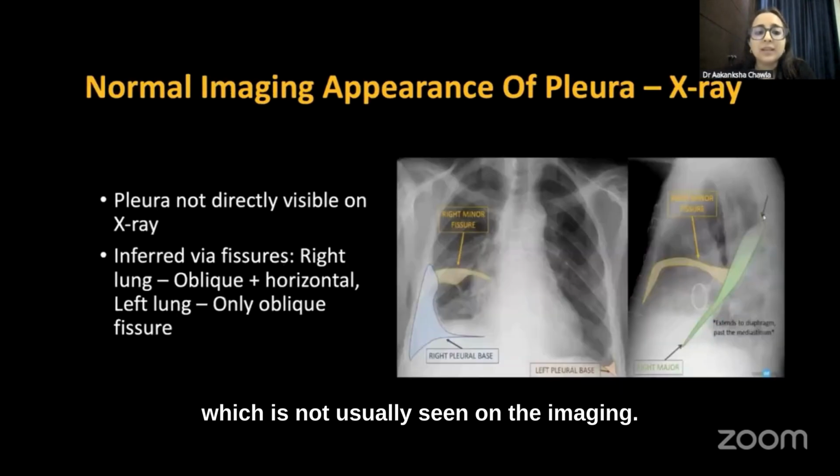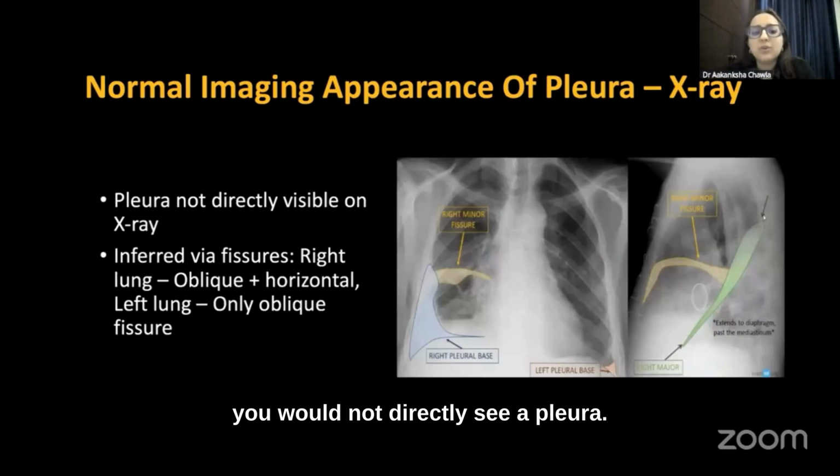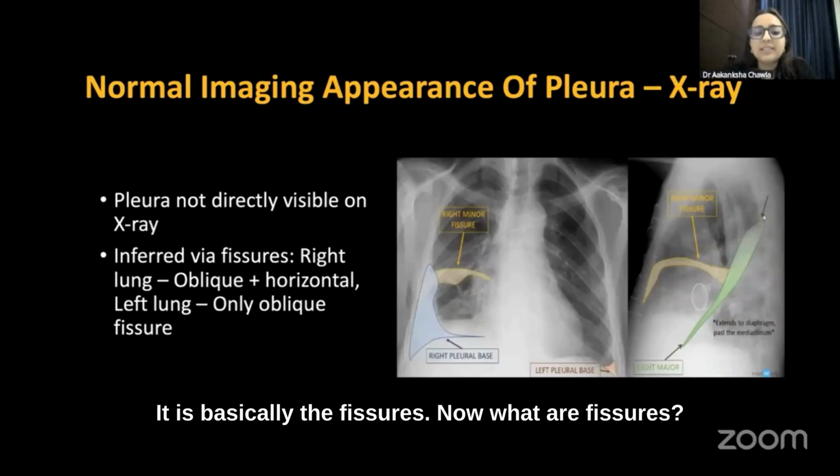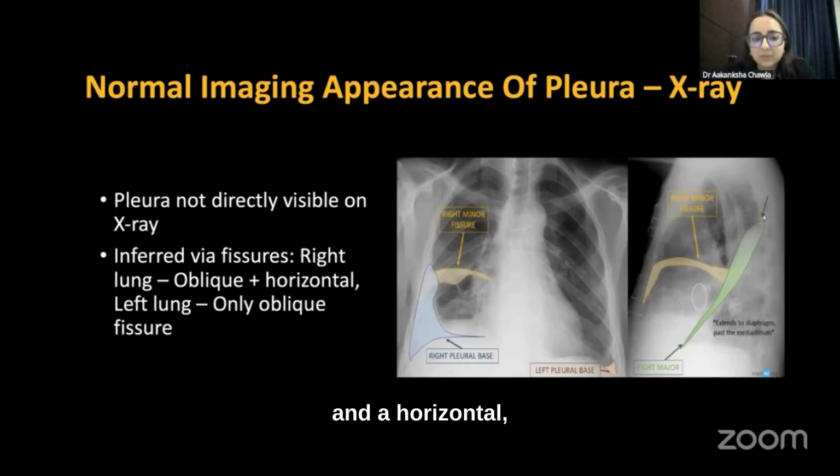Now, on a chest X-ray, when we talk about pleura, you would not directly see a pleura. It is basically the fissures. What are fissures? We have a horizontal and oblique fissure on the right, and an oblique fissure on the left.